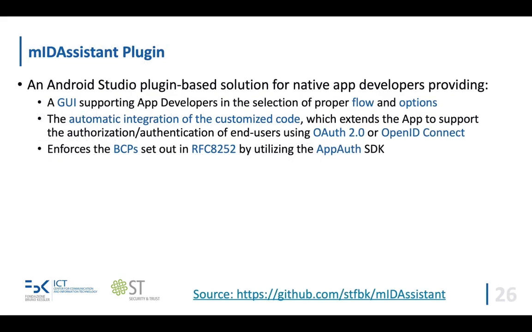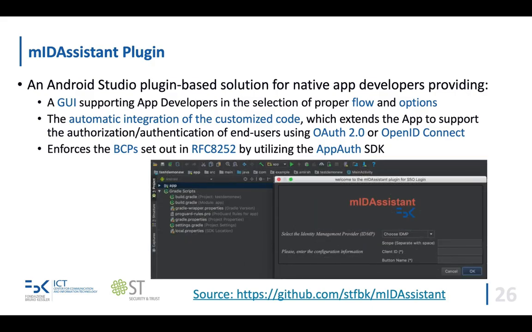In this slide, I want to introduce the plugin that we developed in our group, which we call Meet Assistant. It's an Android Studio plugin-based solution for native app developers. It provides a GUI supporting app developers in the selection of the proper flow and options, and it automatically integrates the customized code, which extends the app to support the authorization and authentication of end users using OAuth and OpenID Connect.